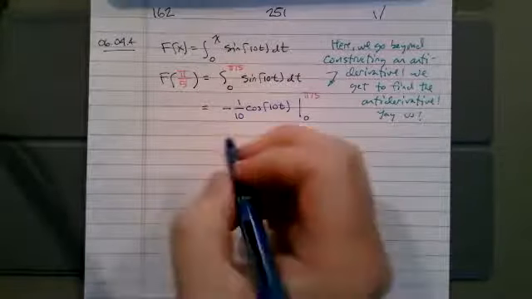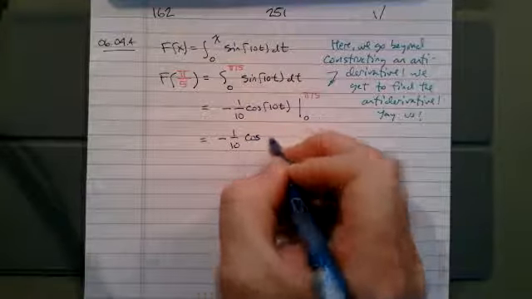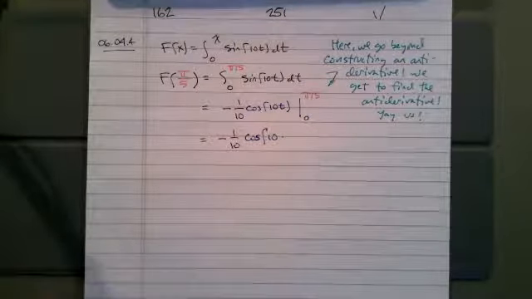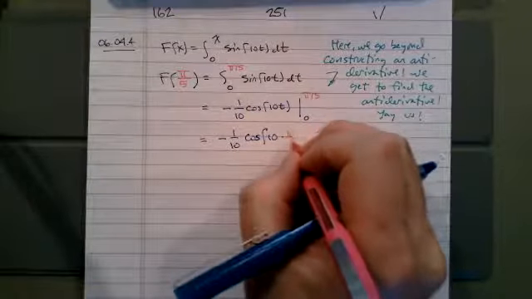That means we're going to plug in the pi over 5, and plug in 0.